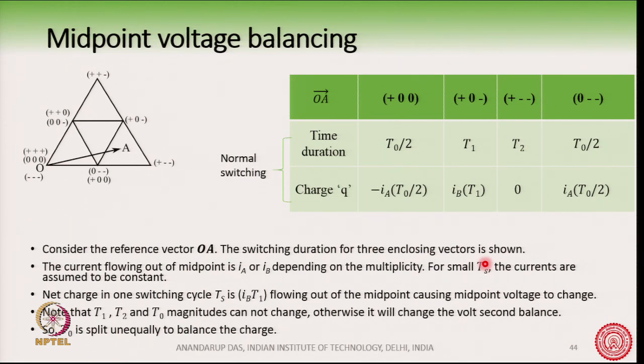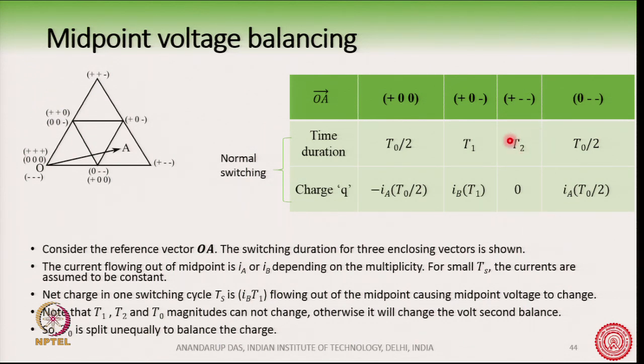But you should remember that tweaking this T0 by 2 is possible because these two vectors are identical vectors. Remember, we cannot violate the volt second balance. This is very important, because otherwise, we are trying to generate the reference vector OA. Suppose I change this vector or this vector here.